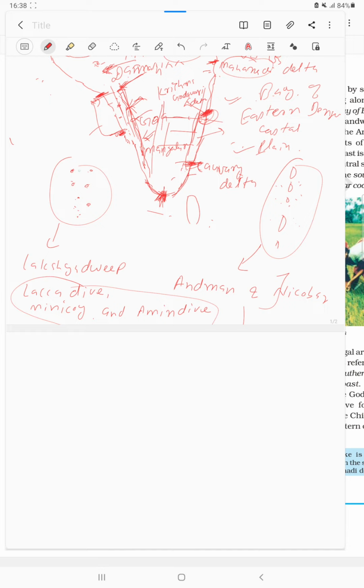Here it is important for what? Coral reefs are found on these islands. Later we will discuss more about these things.